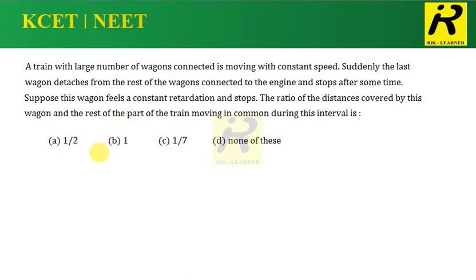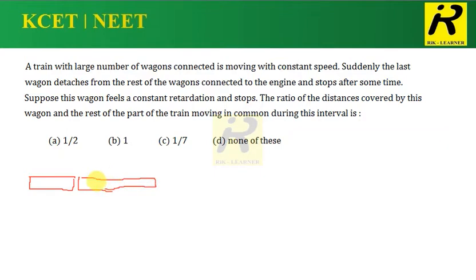See, what we have to do here is find the ratio of distances in this interval. As soon as the last wagon detaches, it will stop after moving some distance. Say this is the place where the last wagon detaches from the rest of the train.